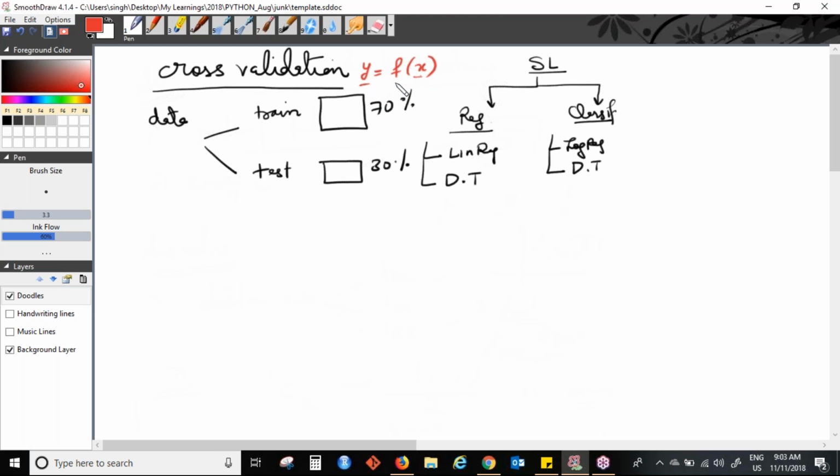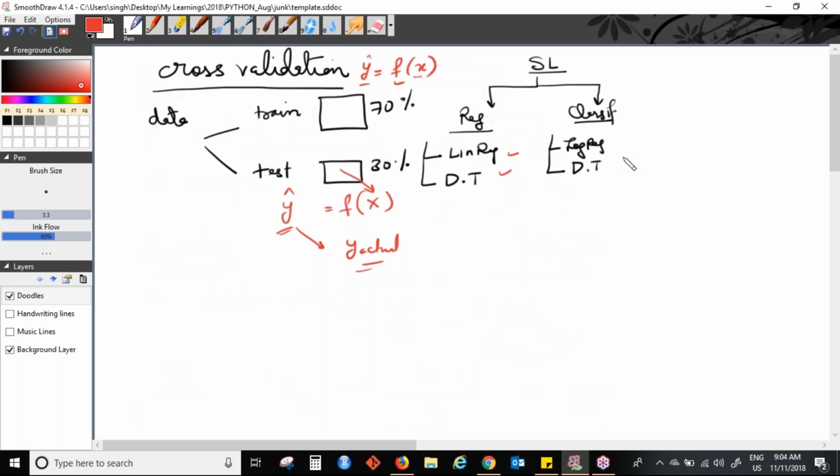And then once we have the function f, we run that function on the new set of x, which comes from the test data, and then we get our y. This is y hat, the predicted values. And then we compare this y hat with the y actual values to see how much error we are making.